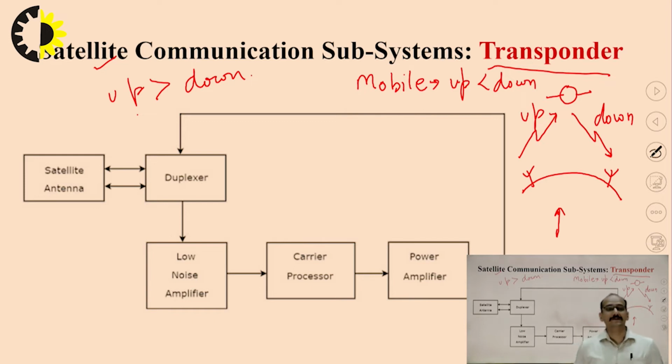Also, as the atmosphere height increases, attenuation or path losses also increase sufficiently, because the signal is going from the Earth out into space. Because of these two problems, uplink frequency is always taken greater than downlink frequency in satellite communication.